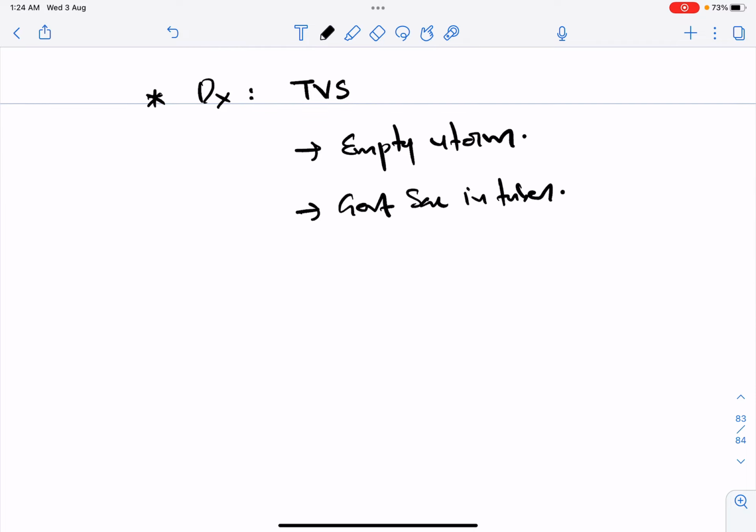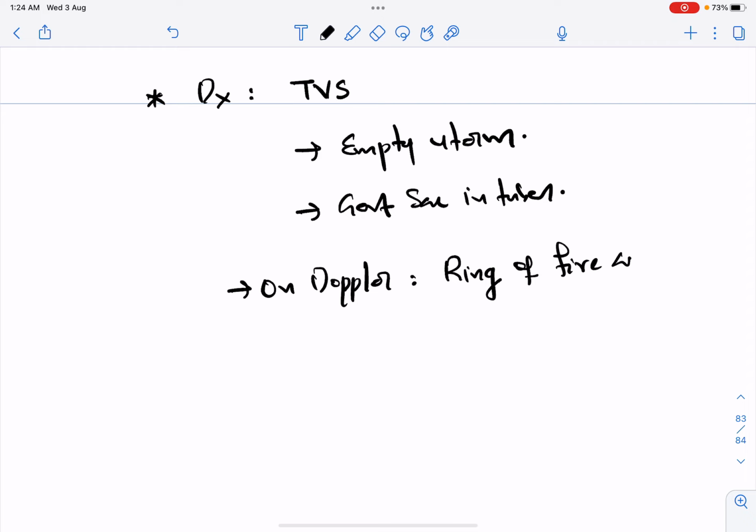And on Doppler scan, there is a classical sign for ectopic pregnancy, that is the ring of fire appearance.